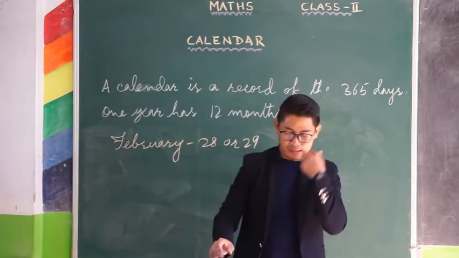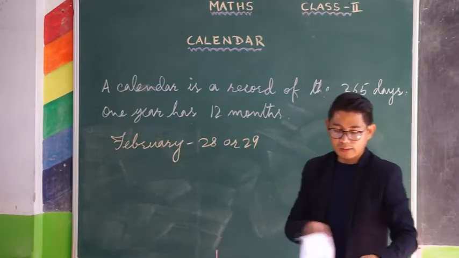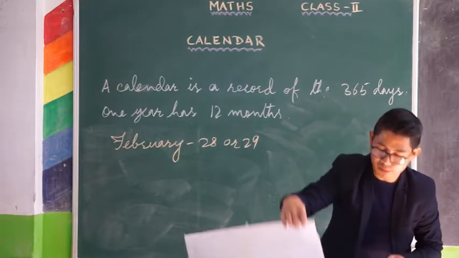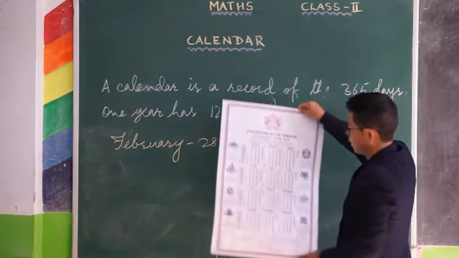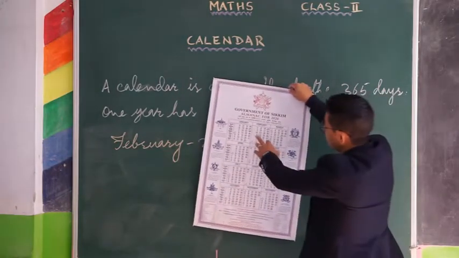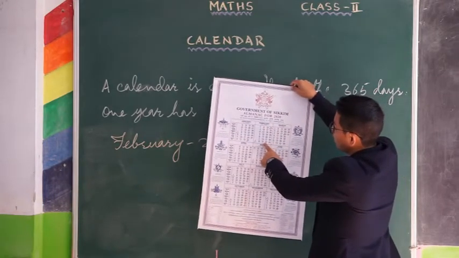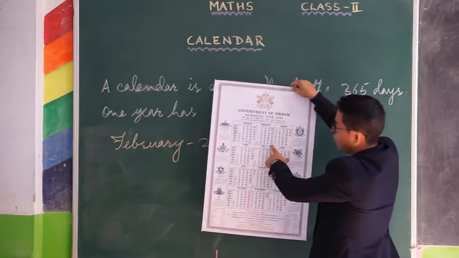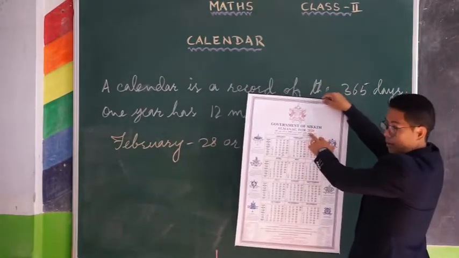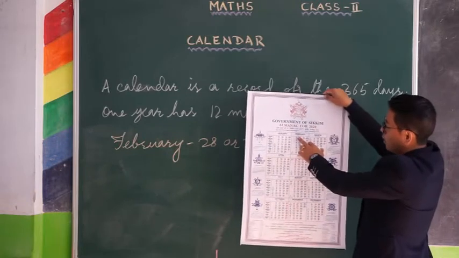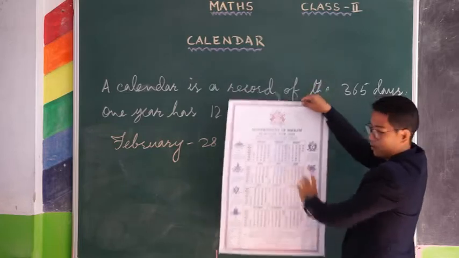Now why this happens, you know, when you see the calendar of 2020, when you see the month February, you can see February has 29 days. Okay, see the calendar of 2020, February month, it has 29 days.